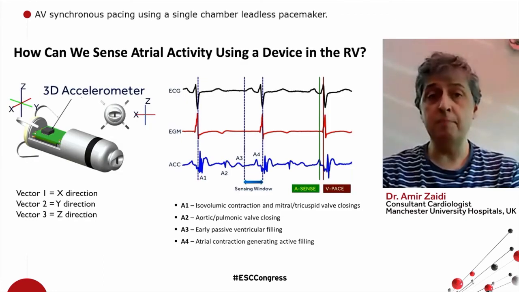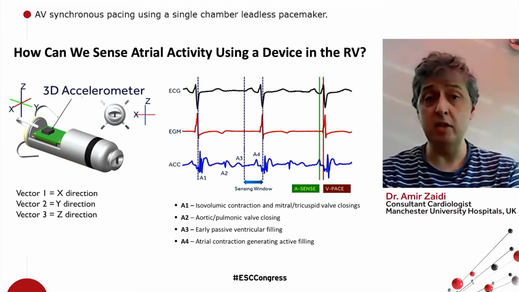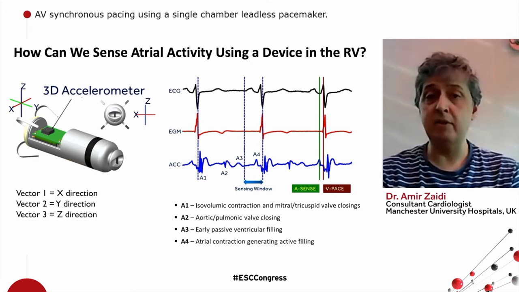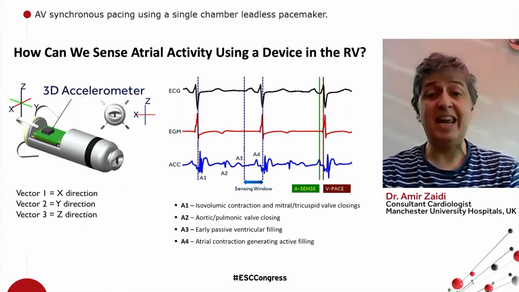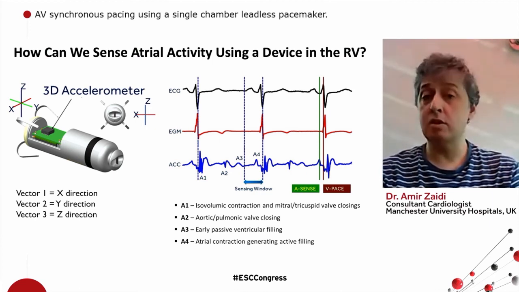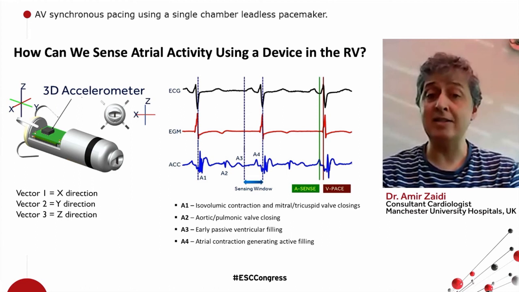So all of the Micras have had a 3D accelerometer within them, and using clever software techniques, the engineers have allowed us to identify 4 separate sounds on the accelerometer.